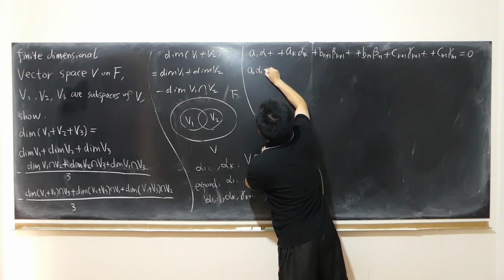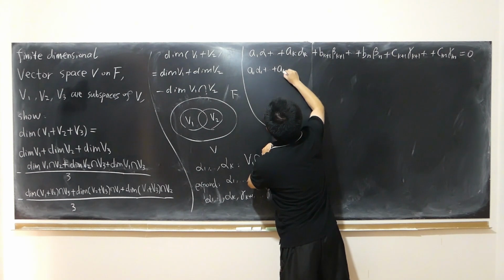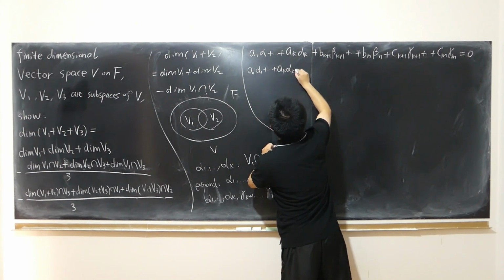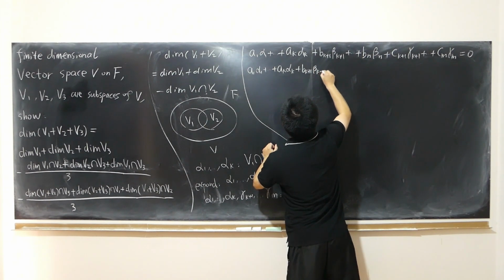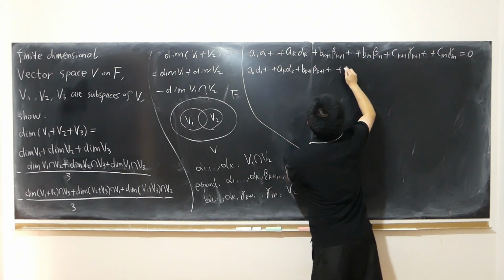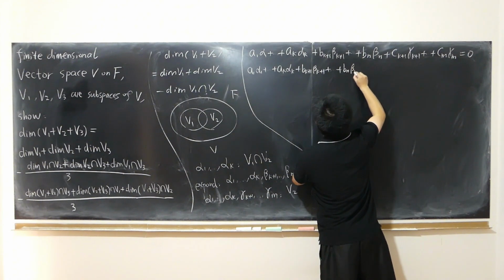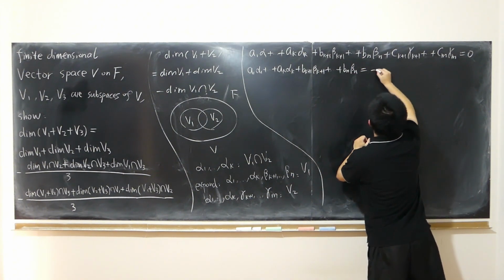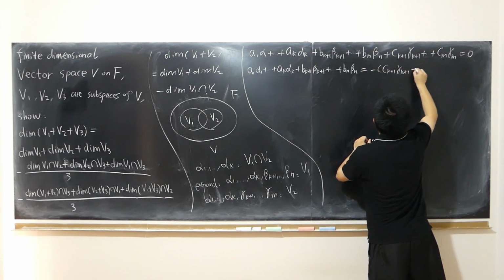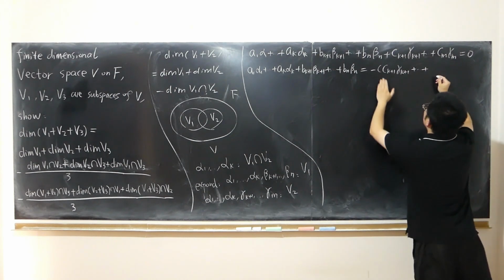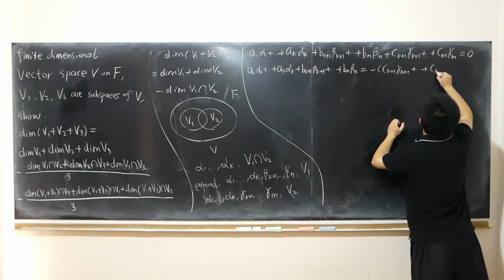So a1 alpha 1 through ak alpha k, b(k+1) beta k plus 1, all the way to bn beta n is now equal to negative of c(k+1) times gamma k plus 1 plus all the way cm times gamma m.